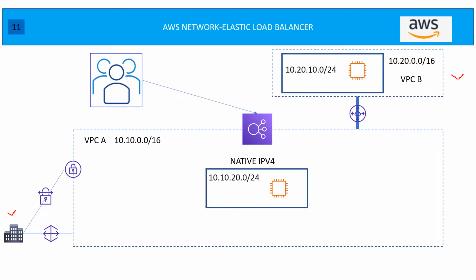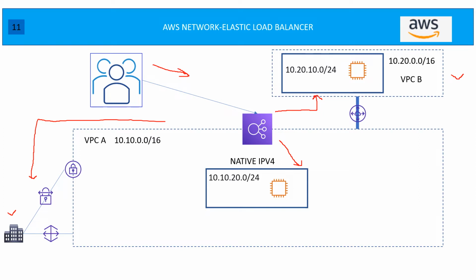So what can happen is, when the traffic comes from the internet and hits the load balancer, it can be redirected to the subnets that are part of the same VPC. It can also be redirected over the peered link, and this traffic can also be redirected to on-prem. So you have all these options available.